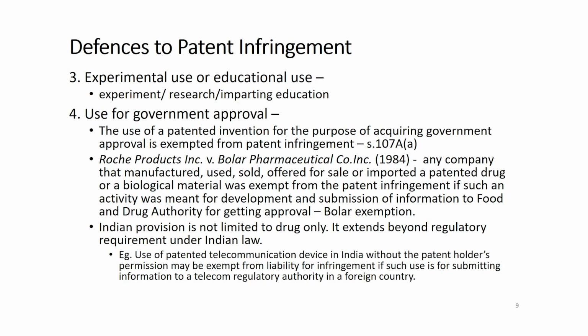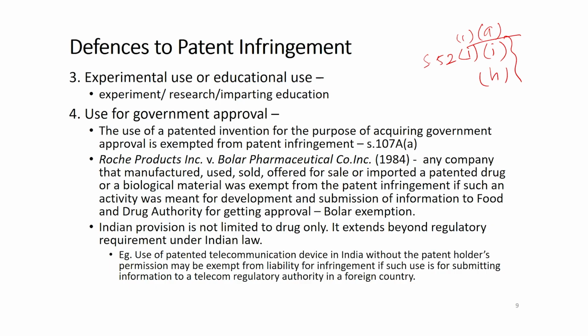The third exemption is the experimental exemption, research exemption, exemption in favor of educational use. If you recall in copyright, we discussed section 52(1)(I), 52(1)(H). These were exemptions for educational purposes there. You also have 52(1)(A), which talks about fair use exemption in favor of research.